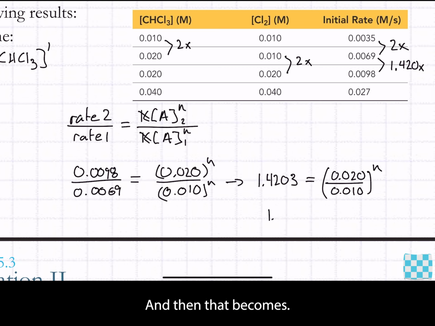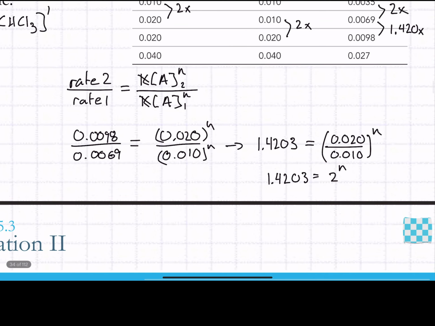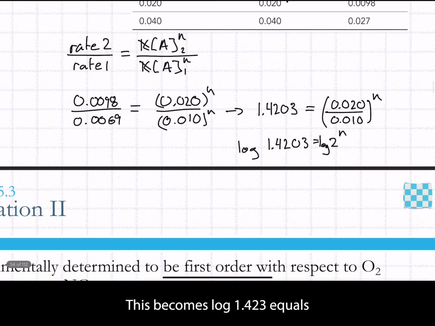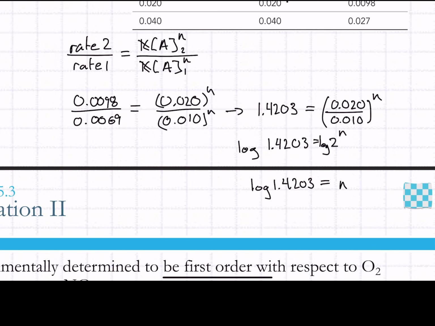And then that becomes 2 raised to the n. How do we solve for n? Log. So take the log of both sides. This becomes log 1.42 equals n log of 2.